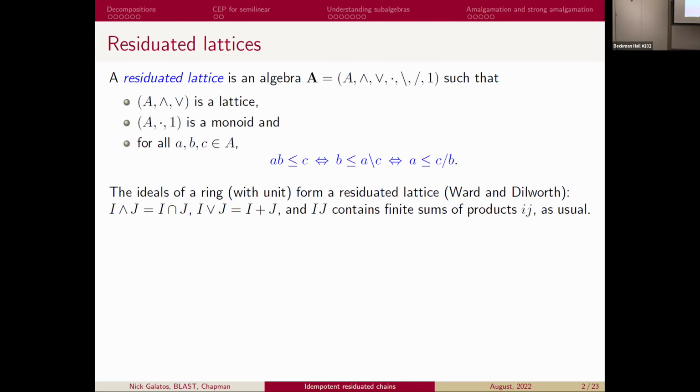The join is just the sum of the two ideals. And we also have an extra product, the usual way you define it as finite sums of products of elements from the two ideals. And you also have the divisions. You can see them usually in books in ring theory. So this forms an example of a residuated lattice.